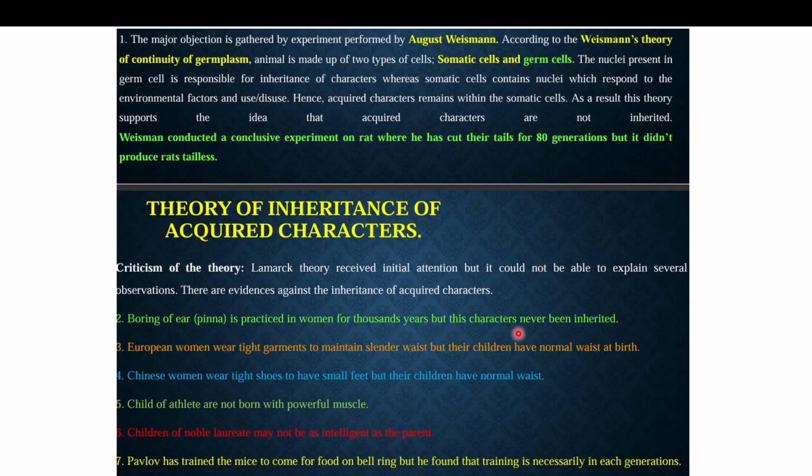But when a baby is born, the baby has proper ears, not pierced. So all these are refuting the theory of Lamarckism, especially the statement of inheritance of acquired characters.